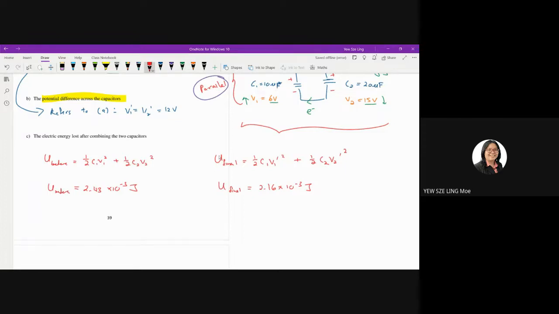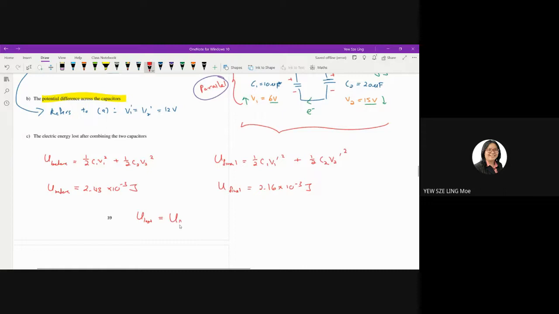Once you have both values, you can then calculate U loss. Sorry, I use final and before here.